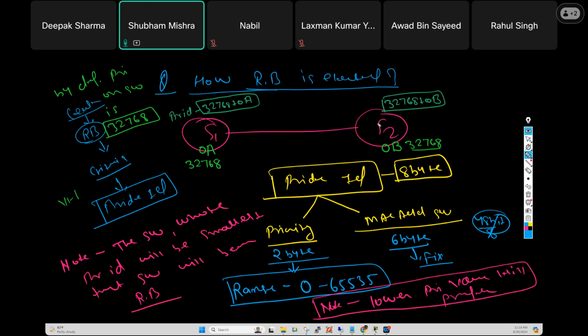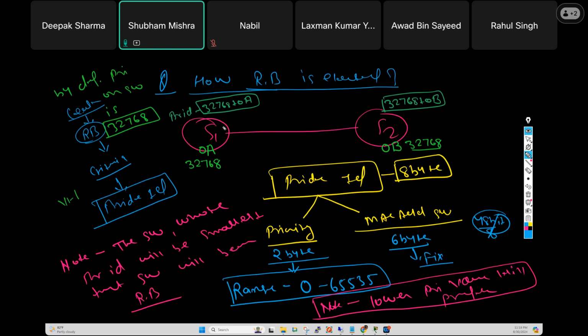So how will they get to know whose bridge ID is lowest? So this is the election criteria. Understand?